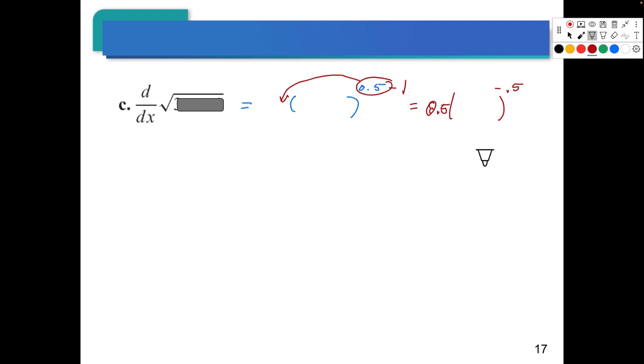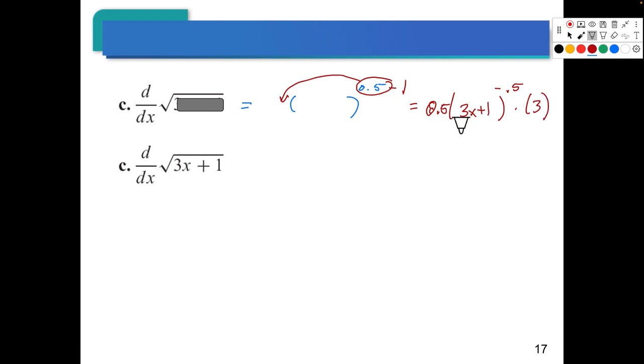And now let's look what's in the parentheses. Oh, 3x plus 1. That's not too bad. Are we done? No, we need the derivative of the inside stuff, which is not too bad. What's the derivative of 3x? 3. What's the derivative of 1? 0. So 3 is it.